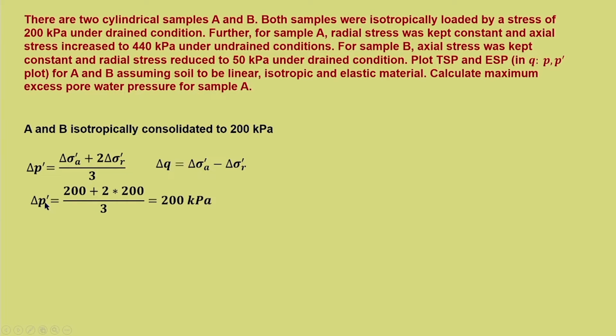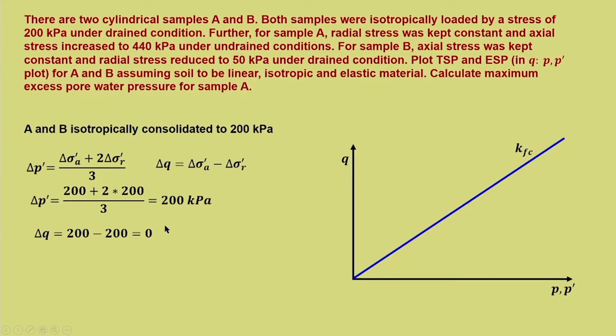So, the initial condition is p dash equal to (200 plus 2 into 200) by 3, that is 200, and delta q is 0. Let us plot this initial condition. So, we are starting from 0, we are consolidating it isotropically. Here you can see q is same.